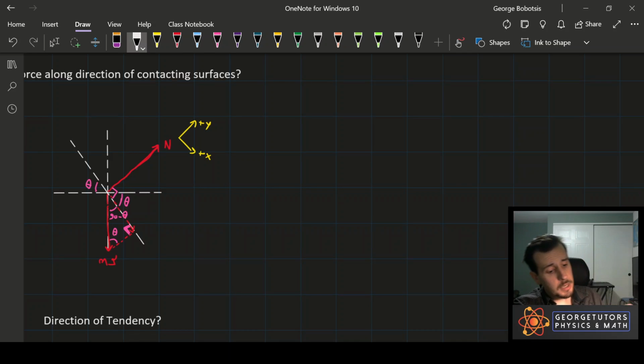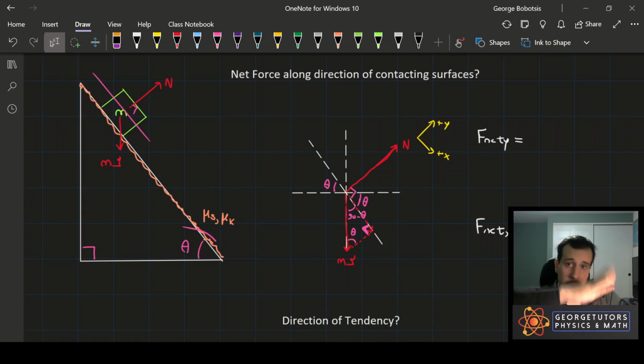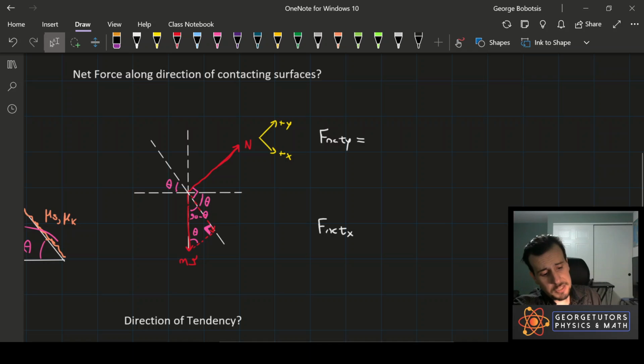Now, I go ahead and break this down into f net y and f net x. Now, when it comes to f net y, I know that I'm not going to be moving along the y direction in any case as the box. I'm not going to be moving like this at all. So I can very safely set it equal to 0. The forces, though, that are acting in the y right now, we've got a normal, and it's positive. The full normal is in the plus y direction.